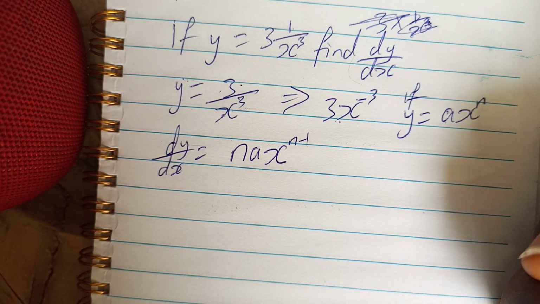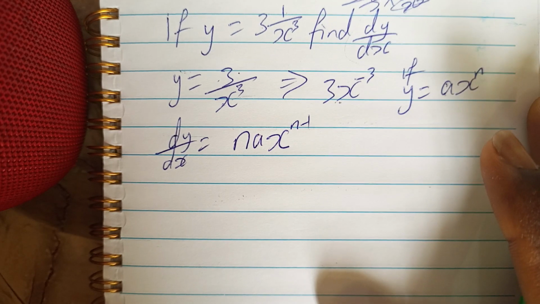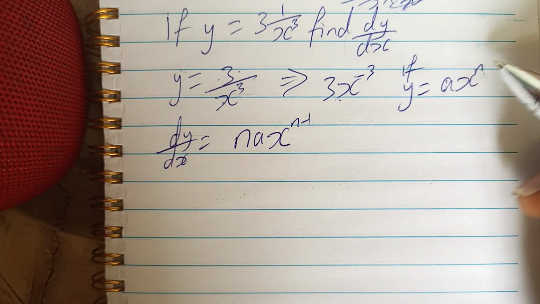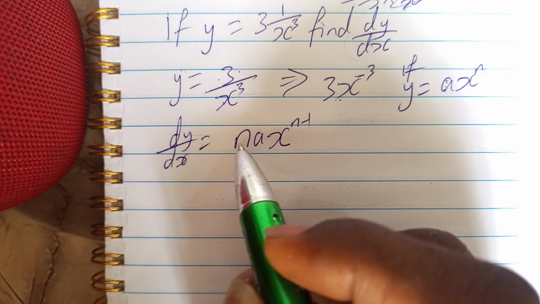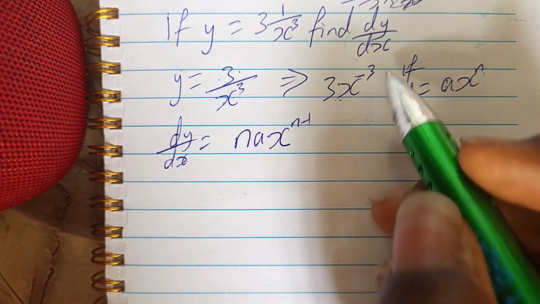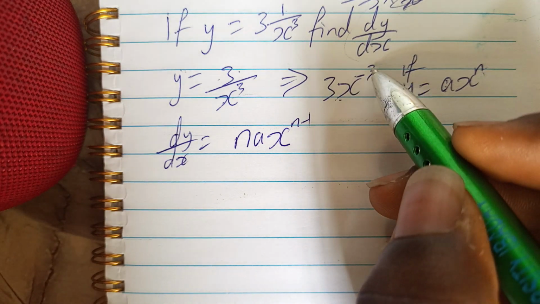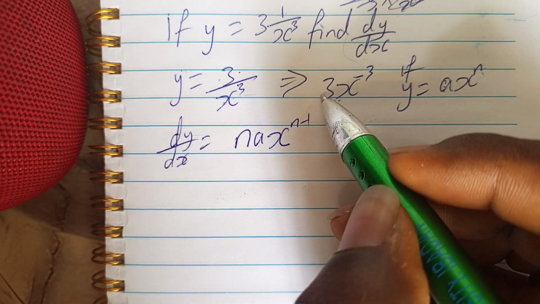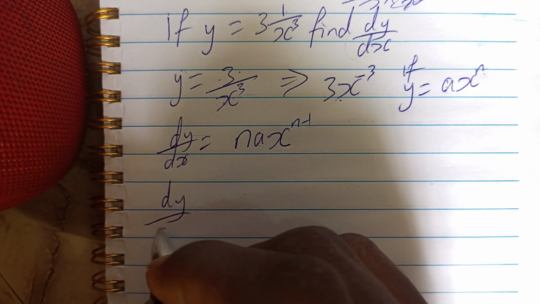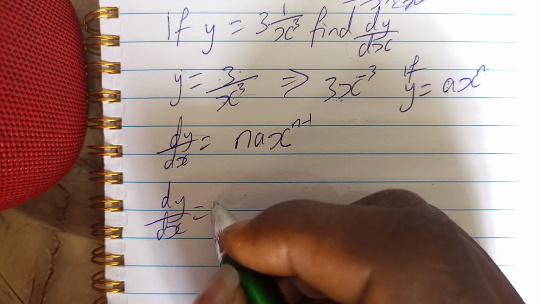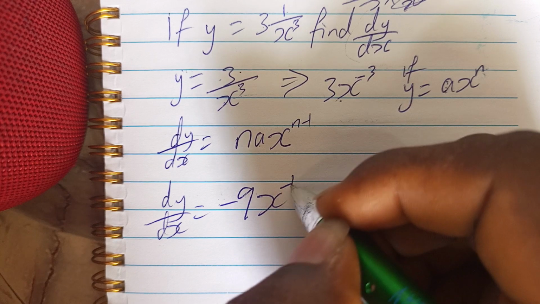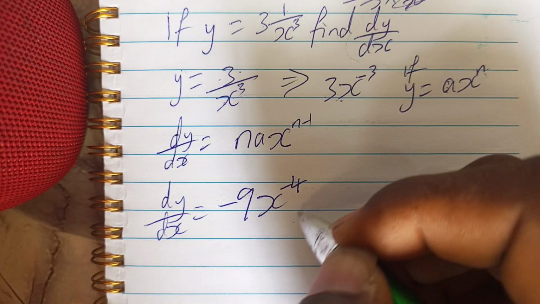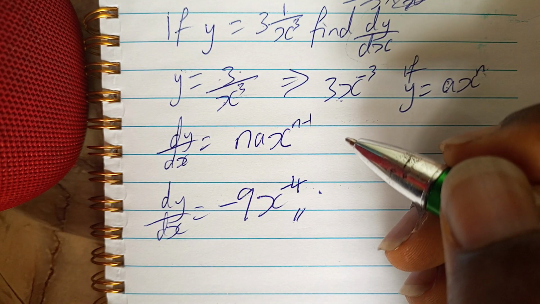Now there's the first principle, but this one is the formula method. So this is going to be minus 3 times 3, that's minus 9, x to the power of minus 3 minus 1, which is minus 4 altogether. So this is the answer.